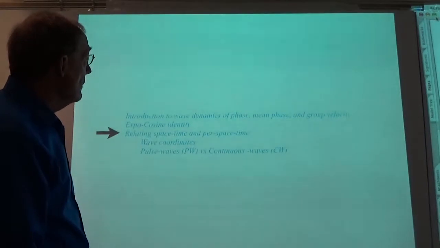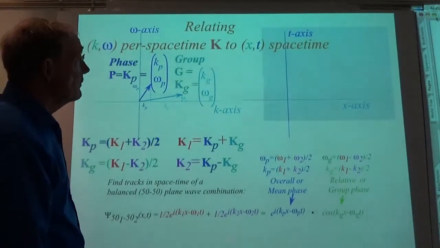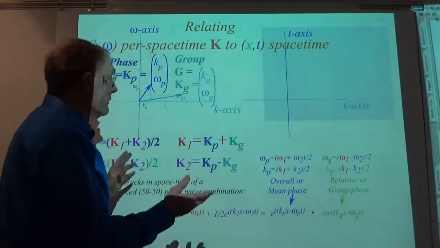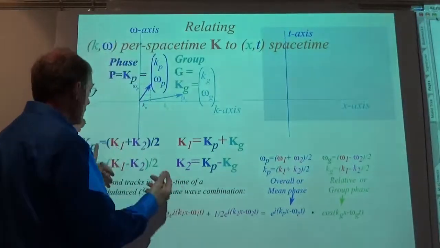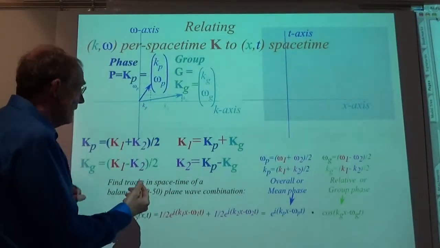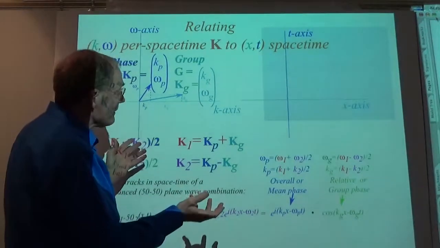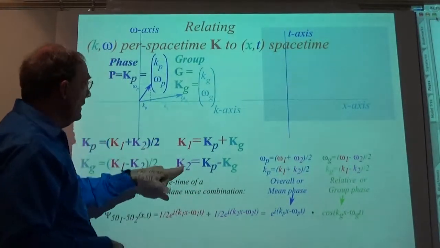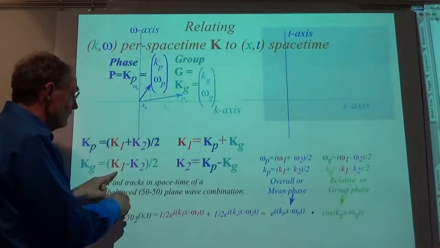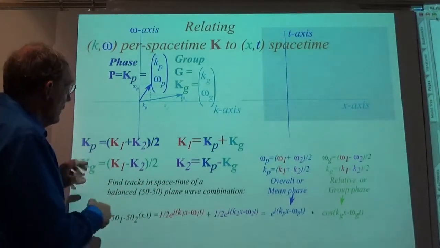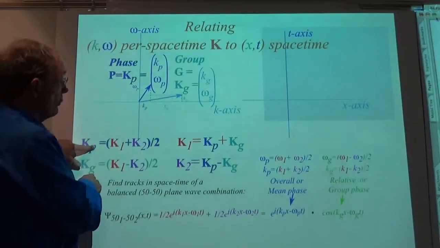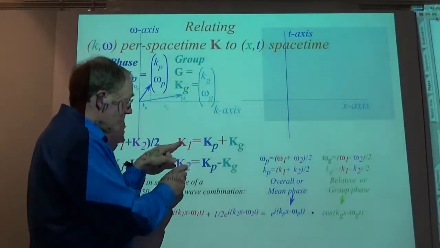Now what I want to do is I want to go ahead and assume I have some phase and some group values. In other words, I'm going to just pick a K1 and a K2 and then do the half sum and half difference, or else I'm going to pick the phase and the group. This is my source.